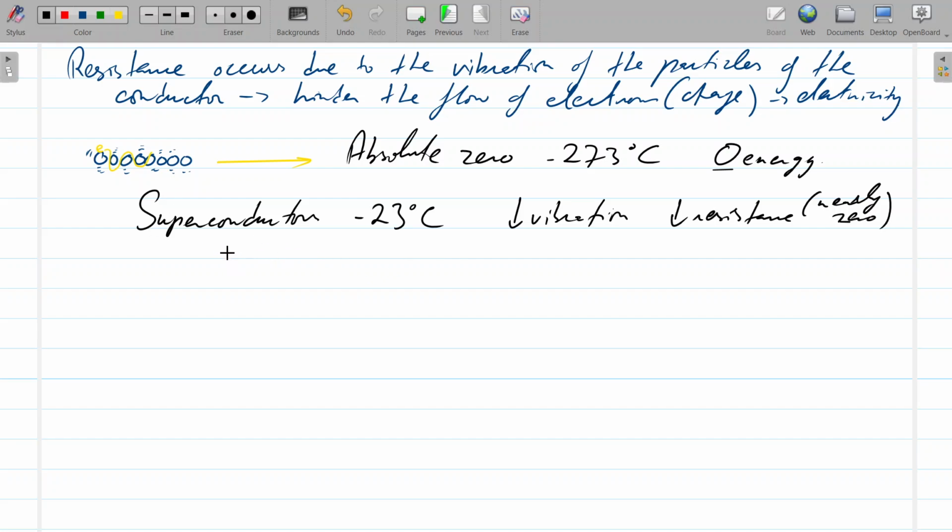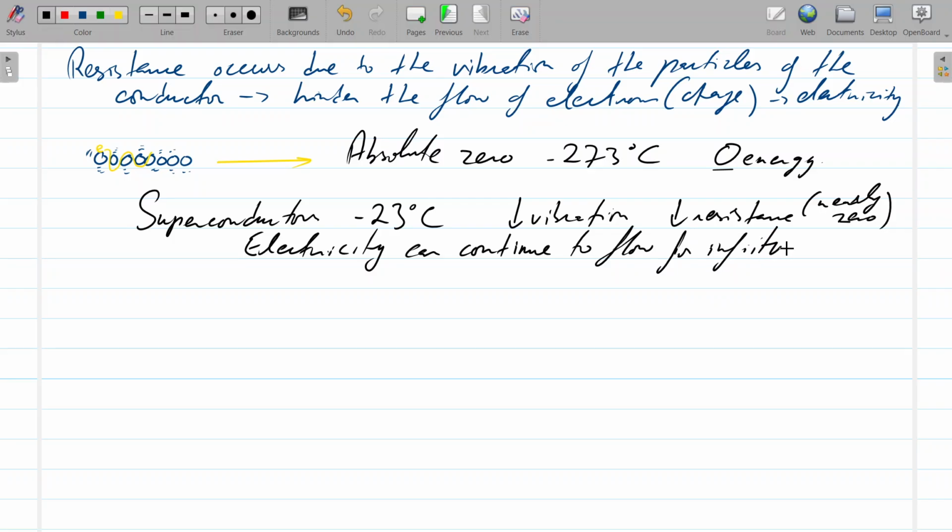Because when electricity is passed through them once, the electricity can continue to flow indefinitely within the wires of the superconductor, the circuit of the superconductor, for infinity. Again, if it's maintained at that temperature and nothing else goes wrong.